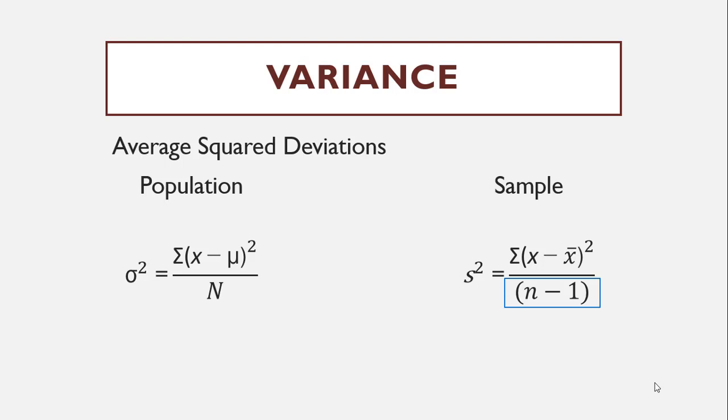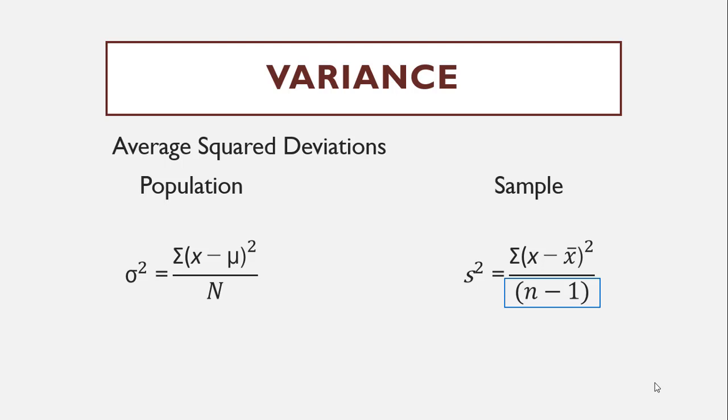To deal with the fact that we underrepresent the variability in the overall population, and we want this variance estimate to approximate the population, we need to subtract 1. And the nice thing about subtracting 1 is as n gets larger and larger, the impact of subtracting 1 gets smaller and smaller.